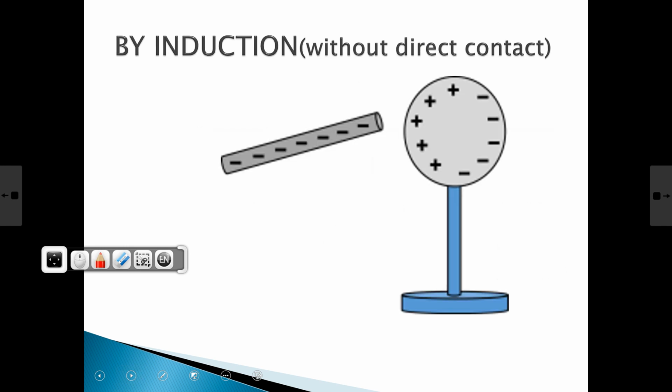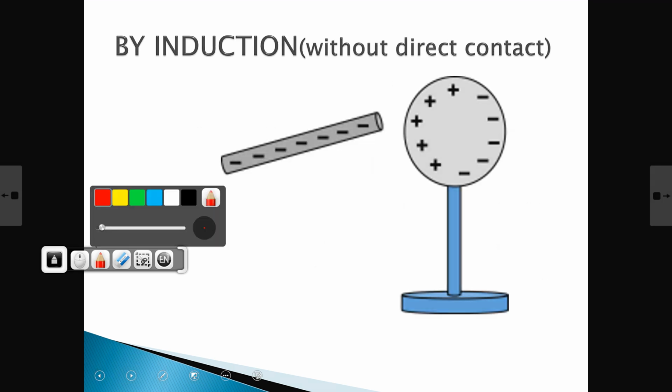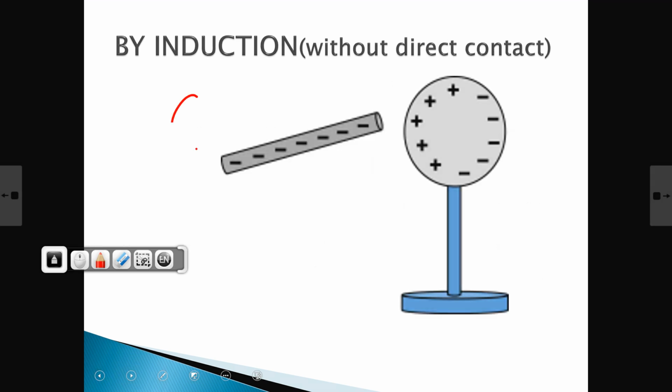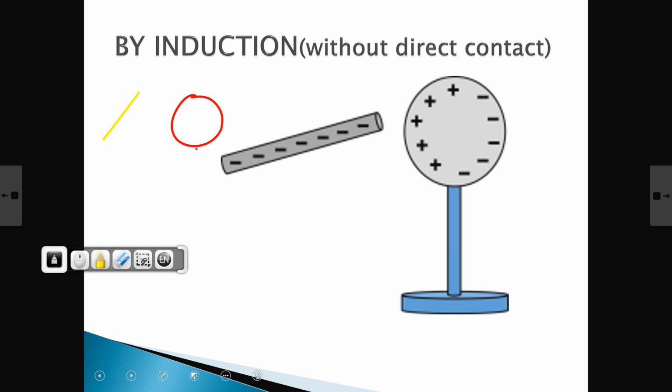The third and final method is charging by induction or without direct contact. In this method also, we have an uncharged body and a charged body. For example, this is the uncharged body and this is the charged body.